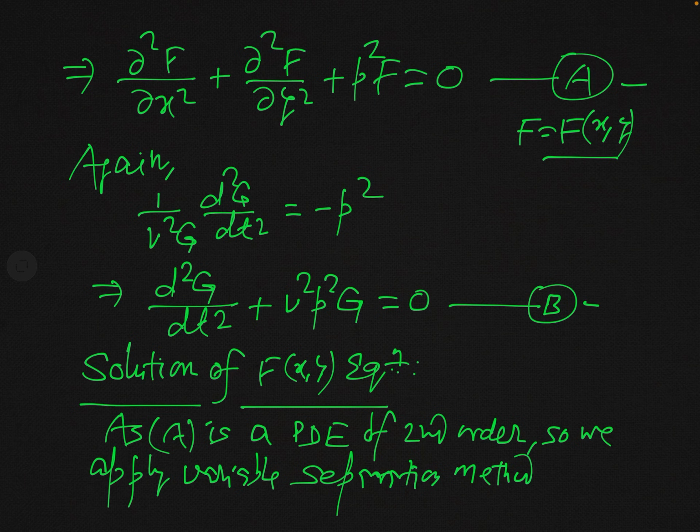You can see that f is actually a function of two independent variables. One is x and another is y. So this equation will be again split into two ordinary differential equations, and for that we will write the solution of this equation A in this form.